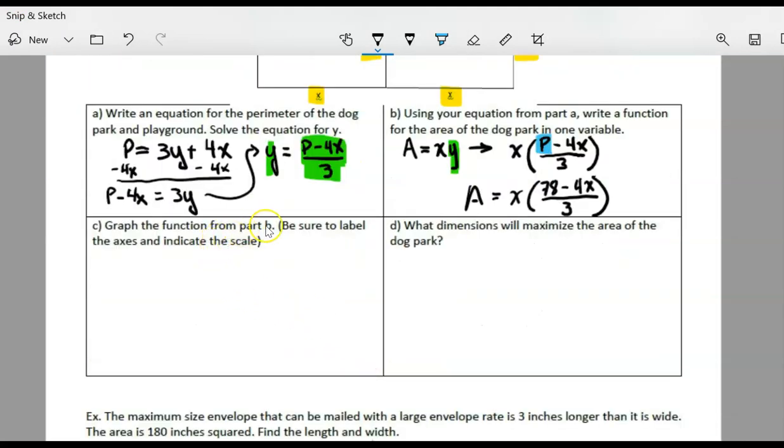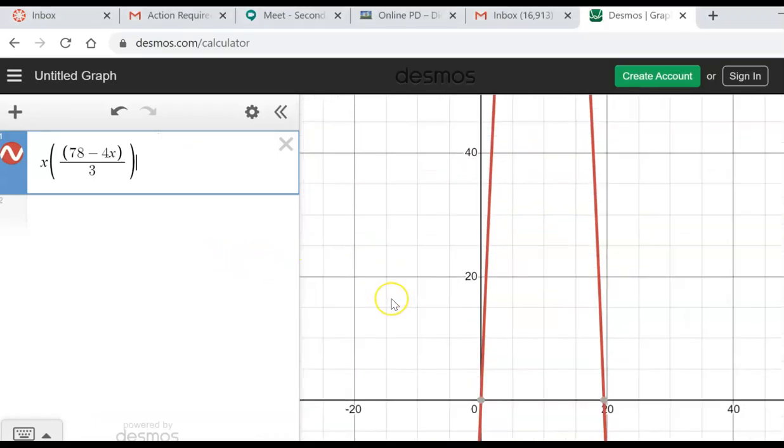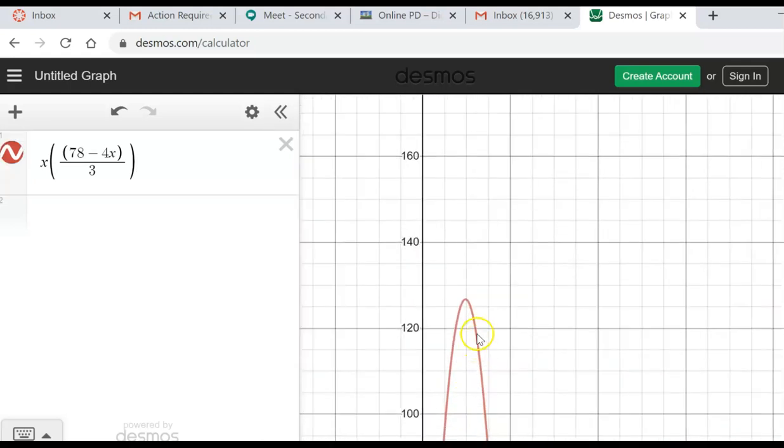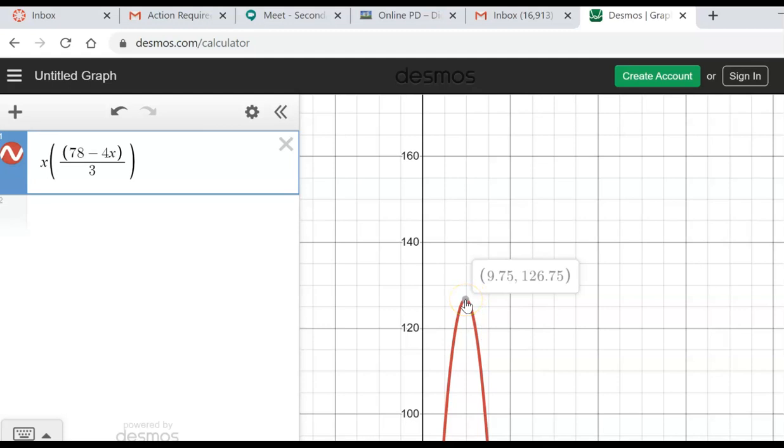So this is graph the function from part B. Be sure to label the axes and indicate the scale. I just did a quick sketch. I didn't draw it as pointy as the other one, but it's fine. I can go back and see that it goes up to 126.75.